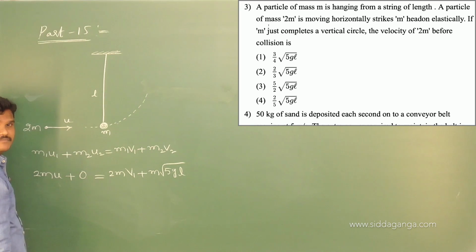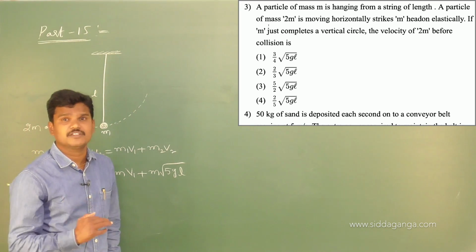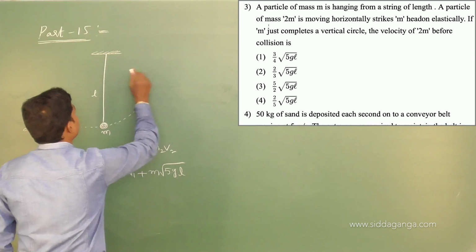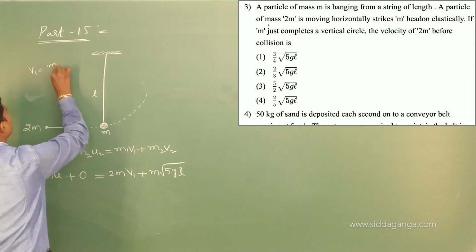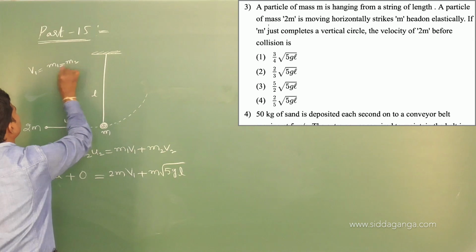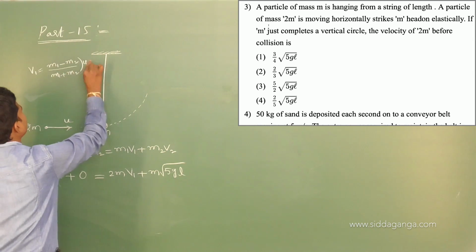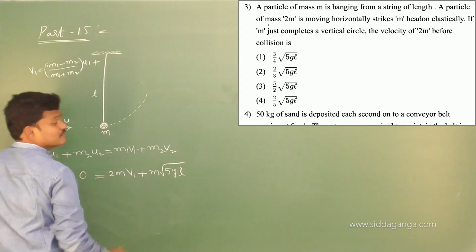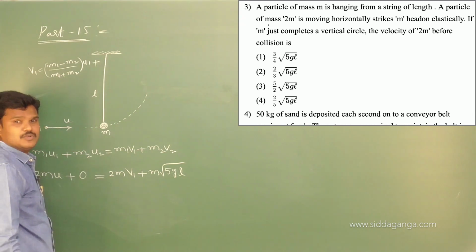How to get v1? v1 is the velocity of the first body after the collision. I hope you remember the formula for v1: v1 equals (m1 minus m2) by (m1 plus m2) into u1 plus 2 m2 u2 by (m1 plus m2).